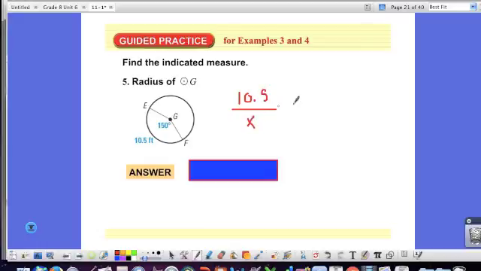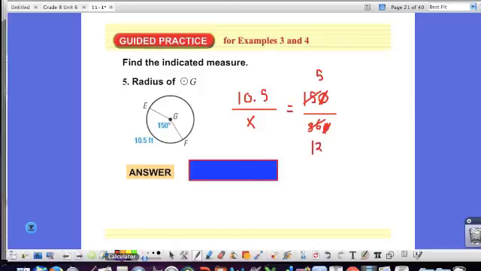over the circumference is going to be equal to 150 out of 360 total degrees. I'm going to simplify here a little bit because I feel like it. 15 divided by 3 is 5, and 36 divided by 3 is 12. I'm going to make it a little bit easier.